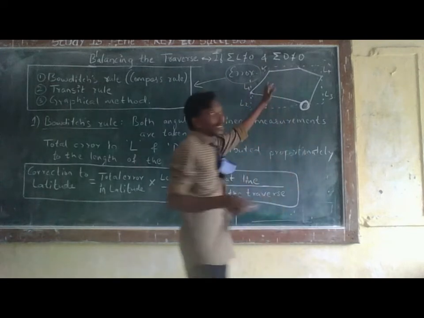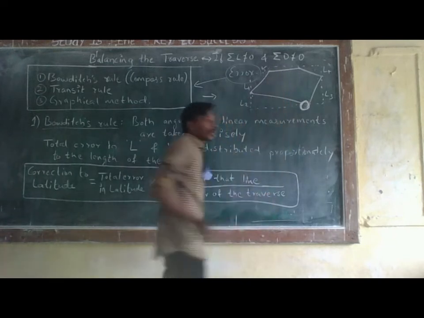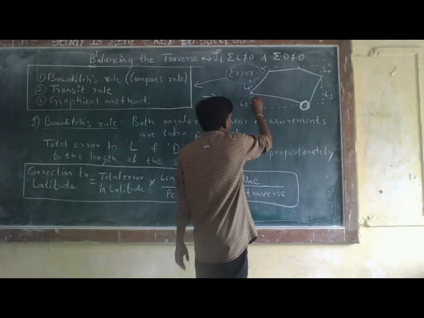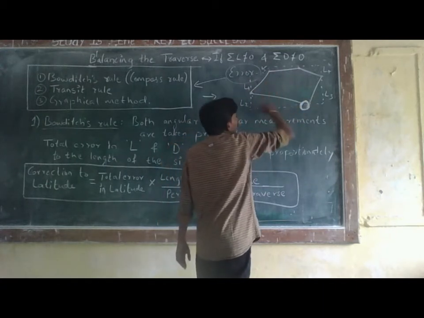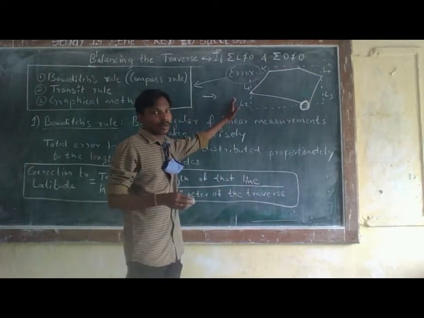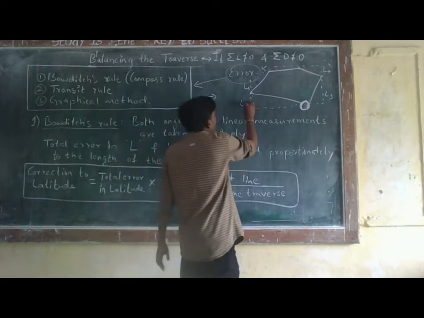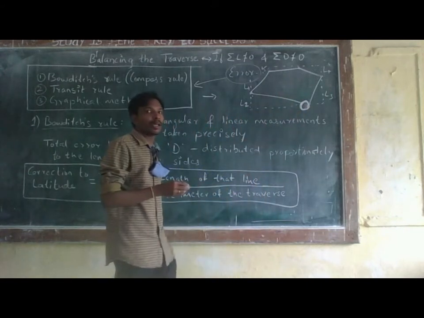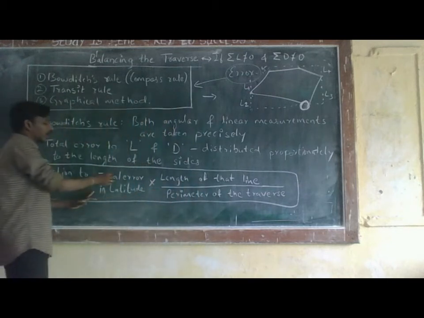So this traverse has 5 latitudes and the sum of all the 5 latitudes will be the total error in the latitude. The sum of all the latitudes must be equal to 0. If it is not equal to 0, then the result of the arithmetic sum of these latitudes will be the error in latitude. So we have to use the total error in latitude here.